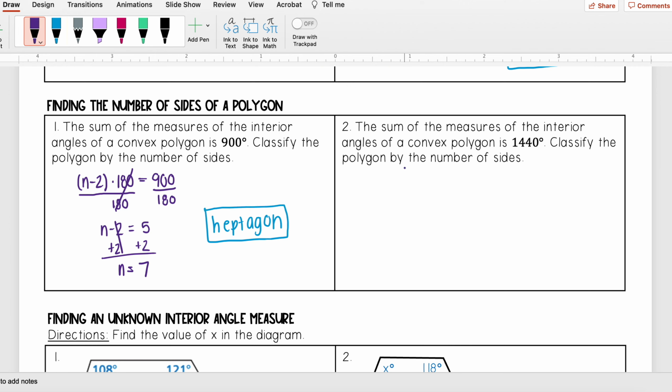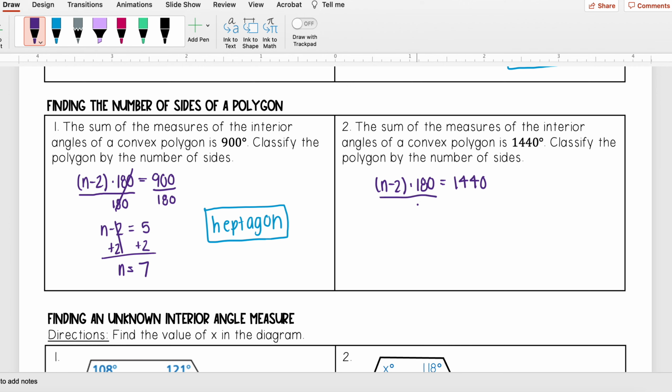Okay, let's try another one. So here the sum of the measures of the interior angles of a convex polygon is 1440. Classify the polygon by the number of sides. So same setup, I have n minus 2 times 180, and now I have it set equal to 1440 since I already know that my sum is that.